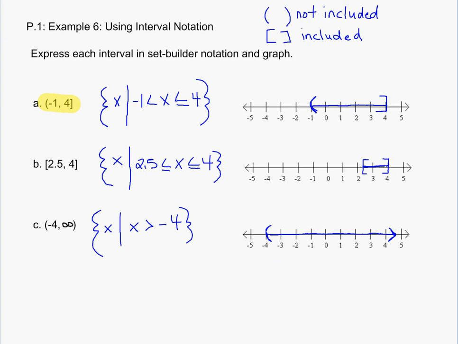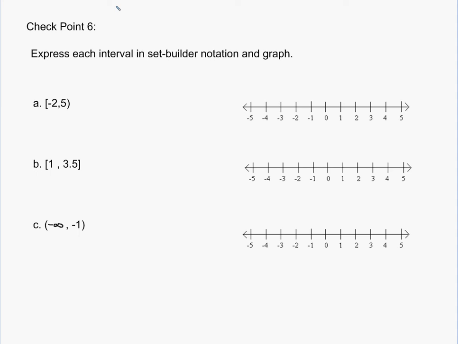Okay, let's show your checkpoint example. Checkpoint 6, express each interval in set builder notation and graph. So here is my interval notation in A. I have that x is going to be equal to -2 and it's going to also go up to 5 but not include 5. So on my graph I locate -2 and I put a square bracket because x can be equal to it.